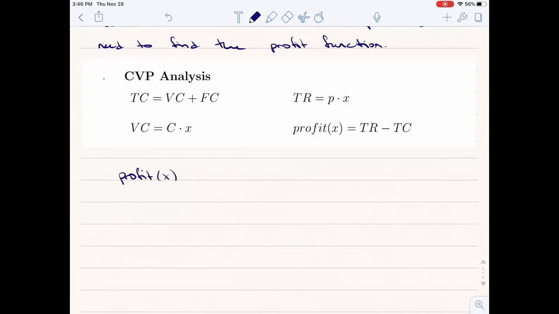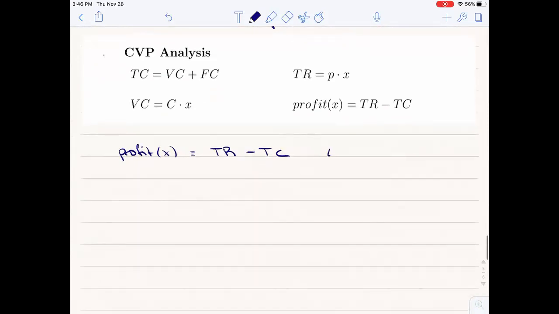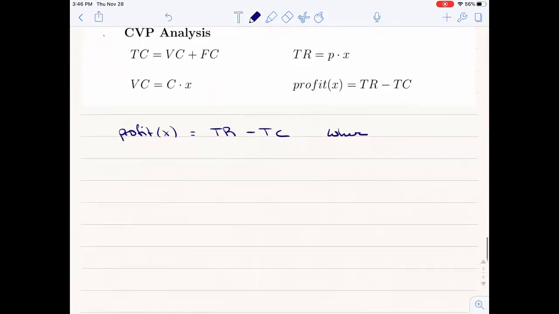So the profit of X, remember X is the number of units sold. Profit of X is the total revenue minus the total cost. And I'll just put a note here where X is the number of units sold.